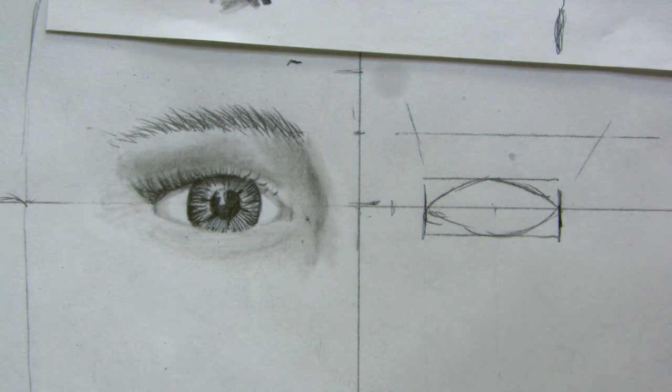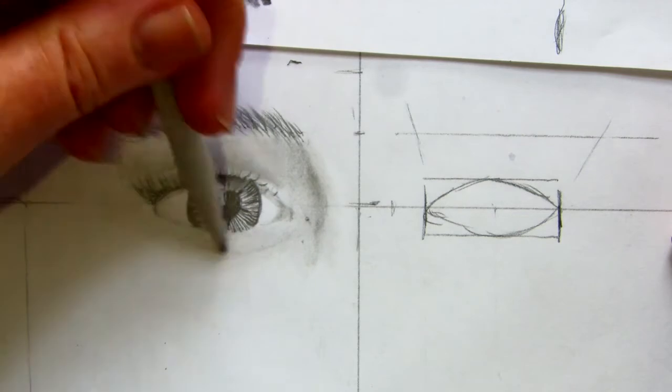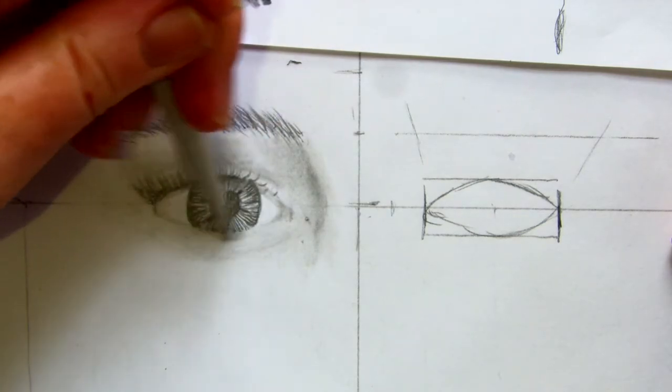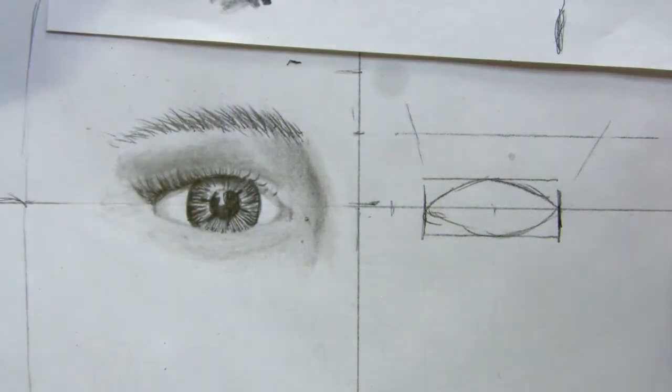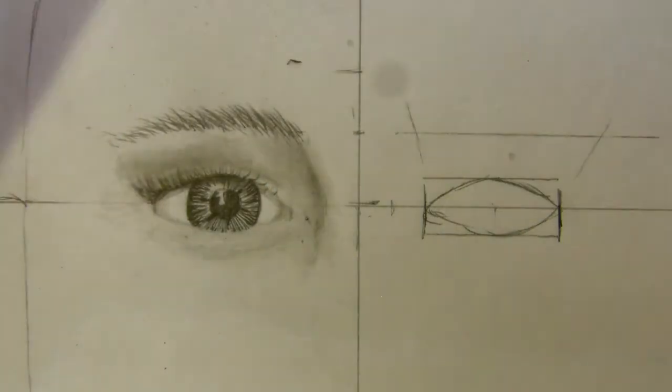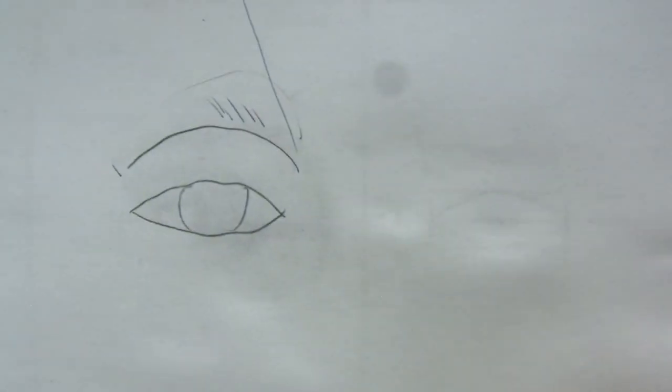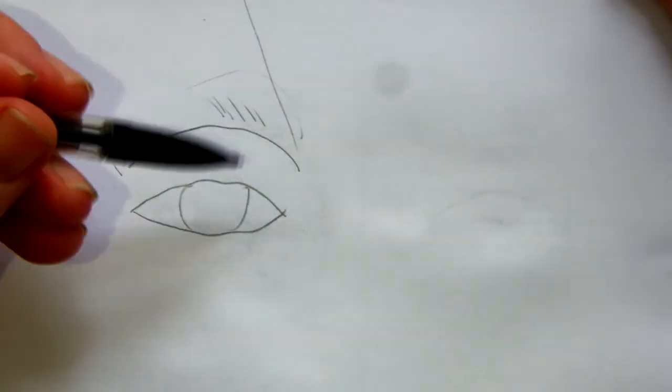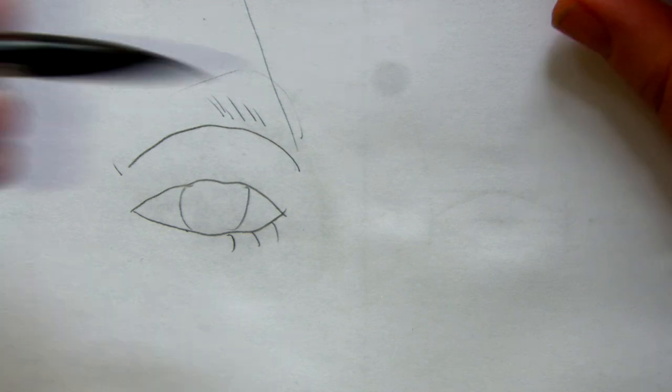Okay, so at this point we need to do the lower lashes. So I waited to do those until I did all this shading first. Okay, so important things to realize is the lower lashes don't touch this lower line like this. They don't do that. There is a thickness of skin.